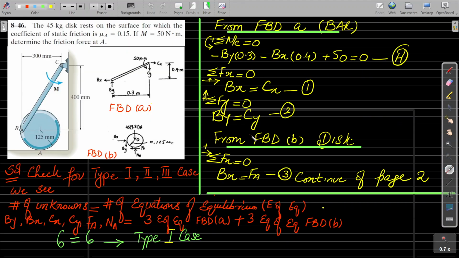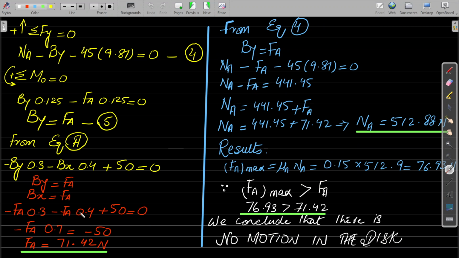Remember, we have decided here that Bx is equals to Fa. So in place of By we put minus Fa into 0.3, and for Bx we put minus Fa into 0.4 plus 50 equals to 0. So we have the entire equation in Fa.